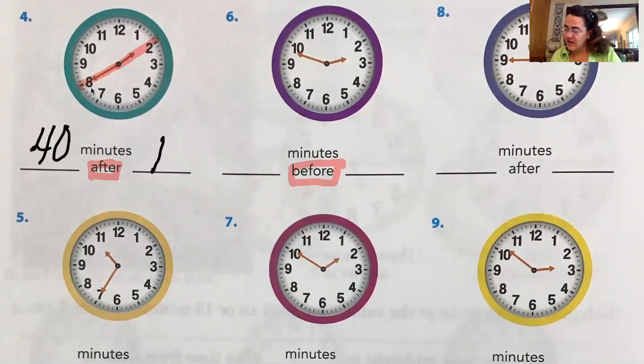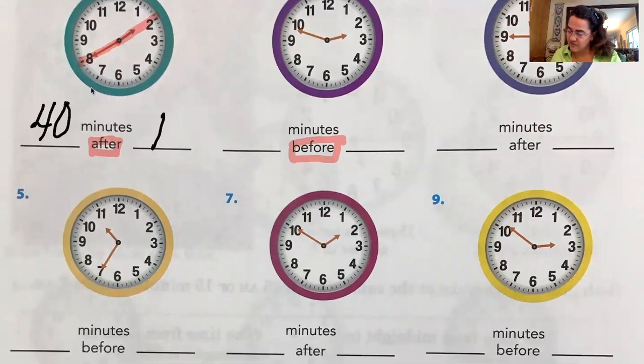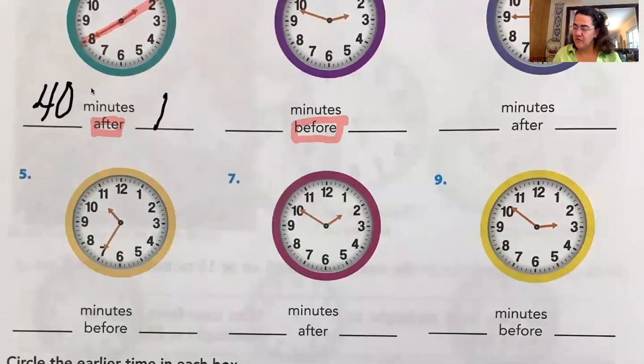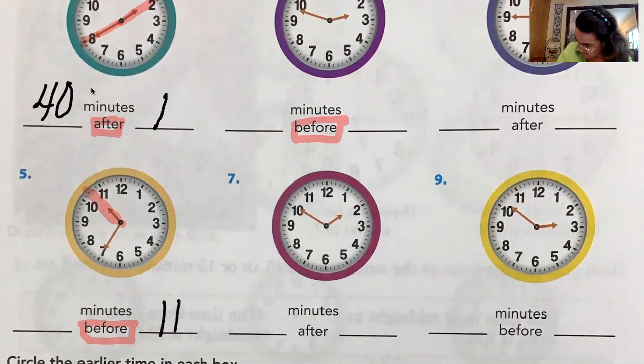Okay, and if you look at number 5, how many minutes before? First, what is the hour if we're going for before? I'm between the 10 and 11, so it's before 11. And how many minutes before 11? Guys, we can count back.